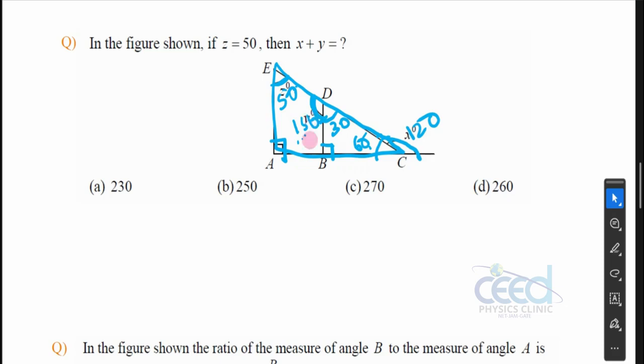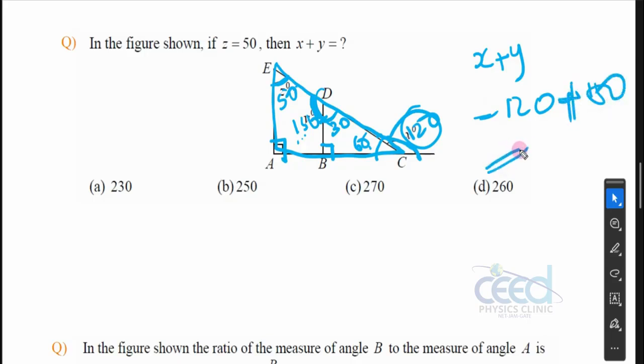Now they are asking x plus y. X is already solved as 120, y is already solved as 150. Then 120 plus 150 is 270, right? Which is the option? Option C is correct.